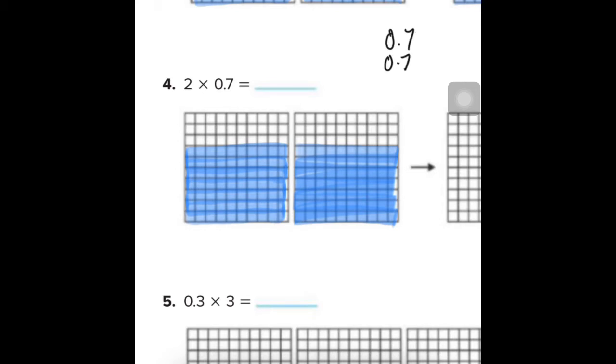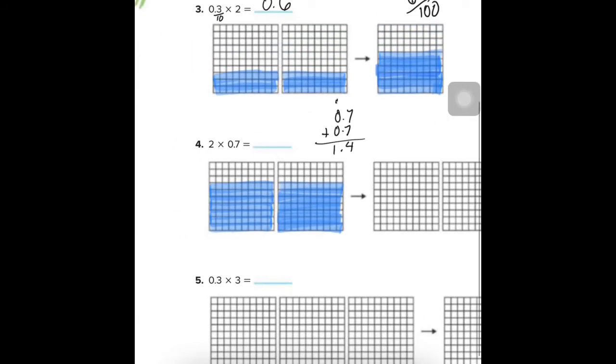And if we add 0.7 to 0.7, 7 plus 7 is 14. Drop the 4, carry the 1. 1 all the way down is going to be 1. So I'm going to fill in 1 whole grid and 4 10 bars out of the next one.